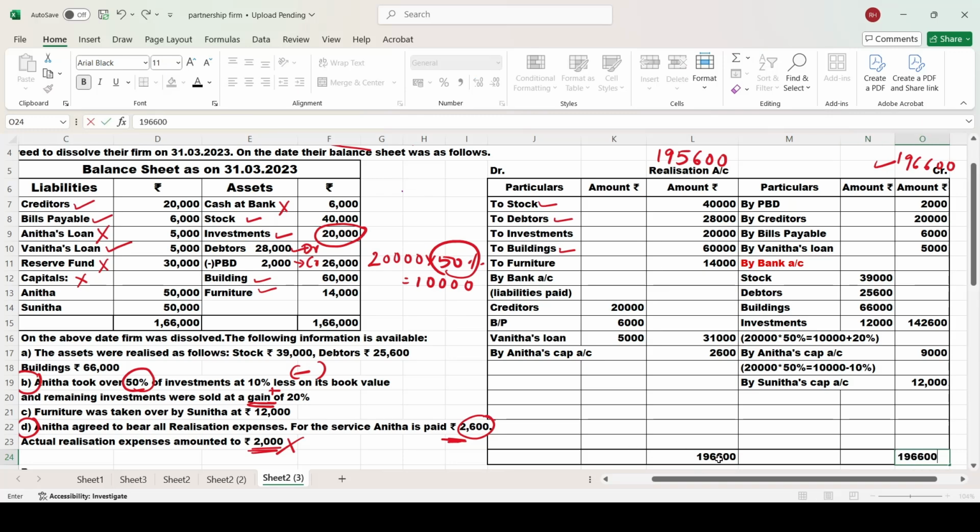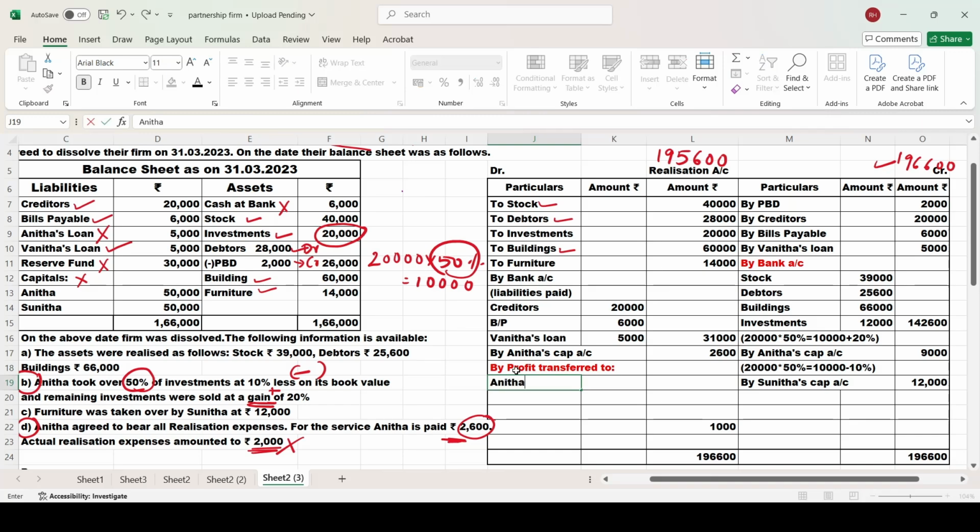1,96,600 minus 1,95,600, that is 1,000 rupees, will be distributed to the partners in their profit sharing ratio. So here, if your credit side is more, then it is a profit. By profit transferred to, we'll go below that. Who is the first partner?